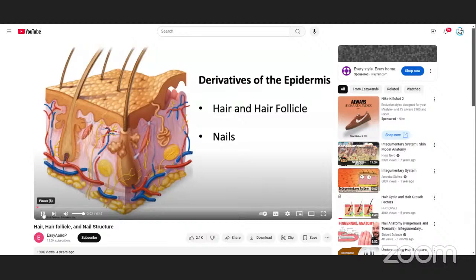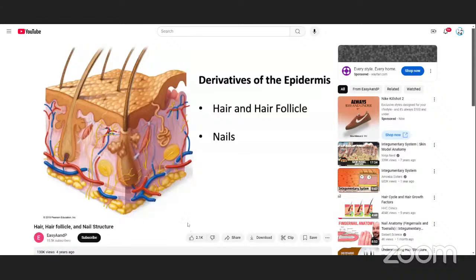Okay. Video will take a closer look at two derivatives of the epidermis, hair and hair follicle, and nails. And so remember, to be a derivative of the epidermis just means that that structure is made of the epidermis. And so what I'm doing here is I'm tracing the boundary of the epidermis. And you can notice that the sebaceous gland, the hair follicle, that's all an invagination of the epidermis, or it's like the epidermis is burrowing down into the dermis, if that makes sense.